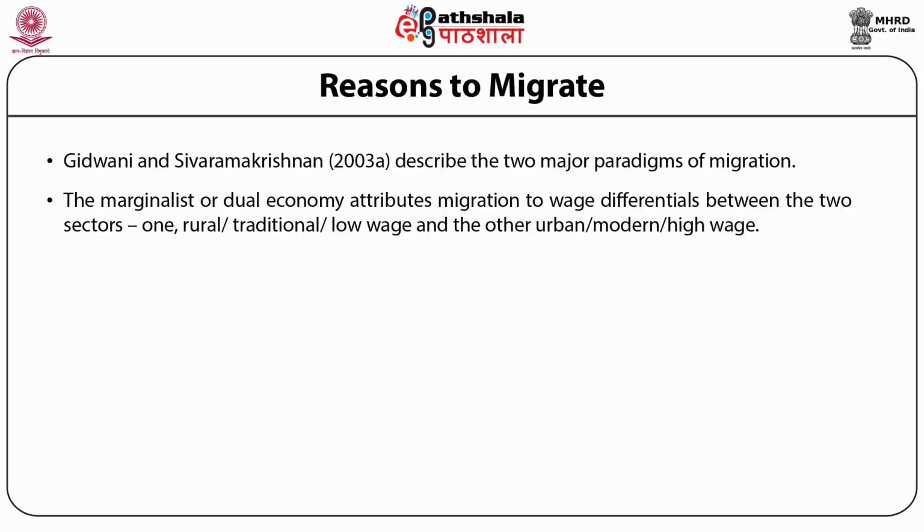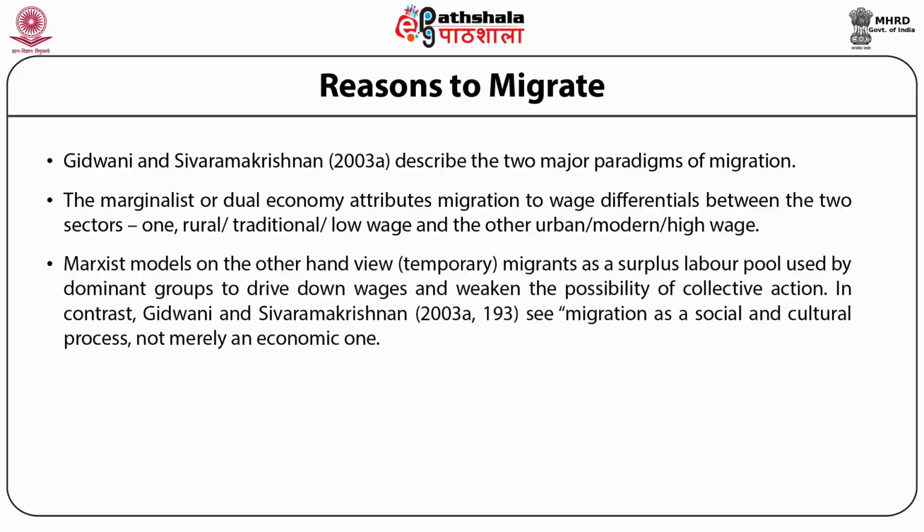On the other hand, Marxist models view temporary migrants as a surplus labor pool used by dominant groups to drive down wages and weaken the possibility of collective action. In contrast, Yudvani and Sivaramakrishnan see migration as a social and cultural process, not merely an economic one.